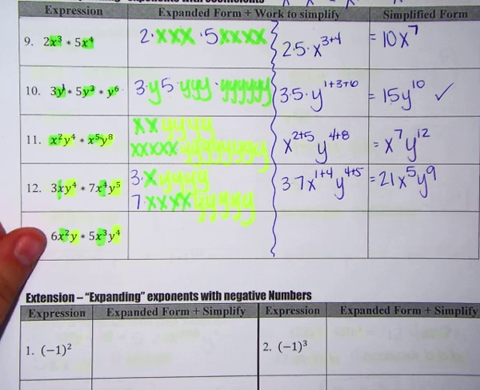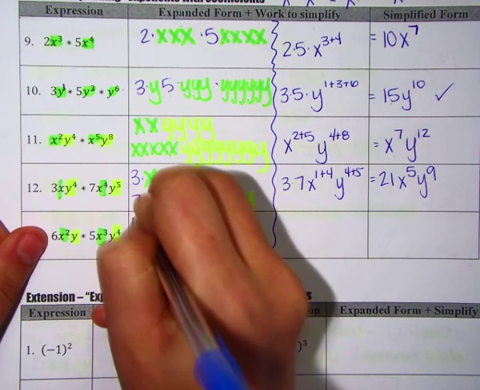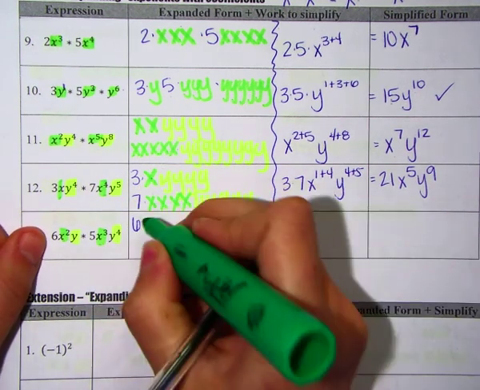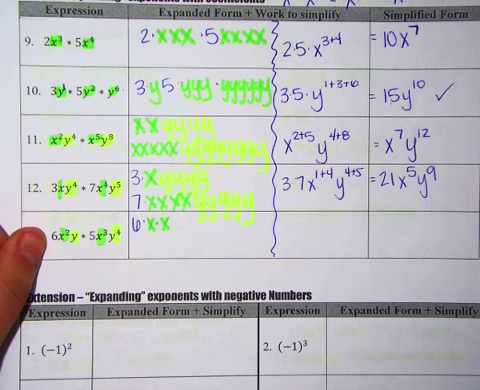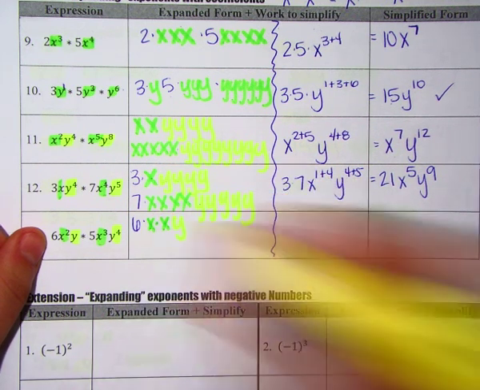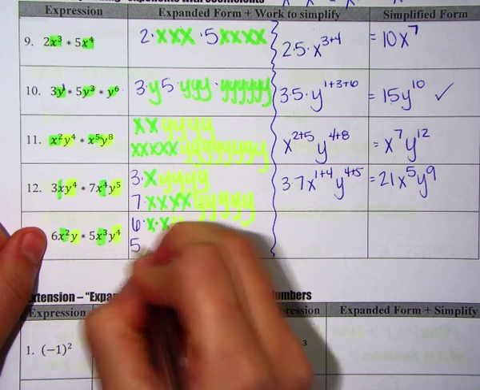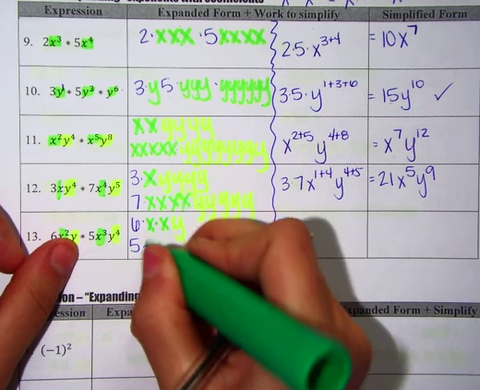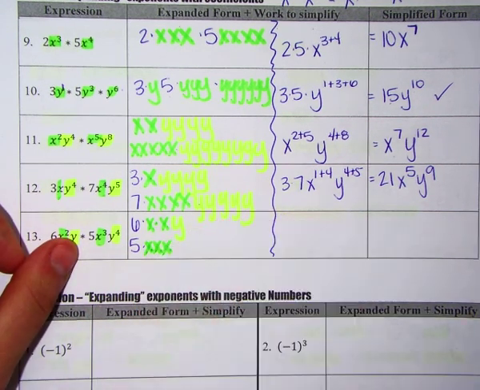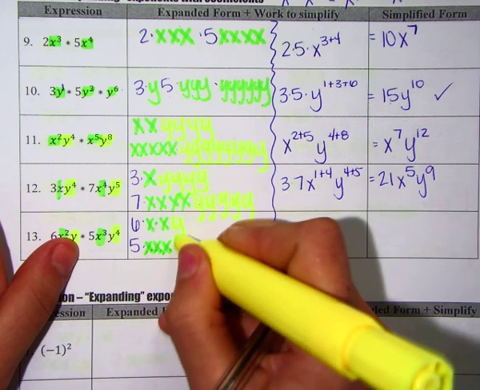Last one, this is 6 times x squared, so x times itself, times y, and then 5 times x to the 3rd, so x times x times x, y to the 4th.